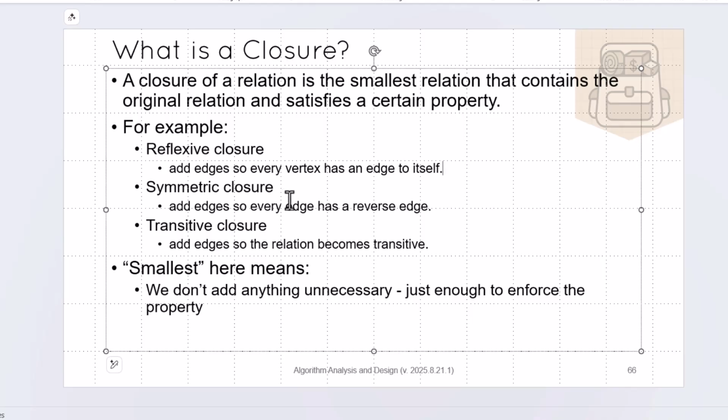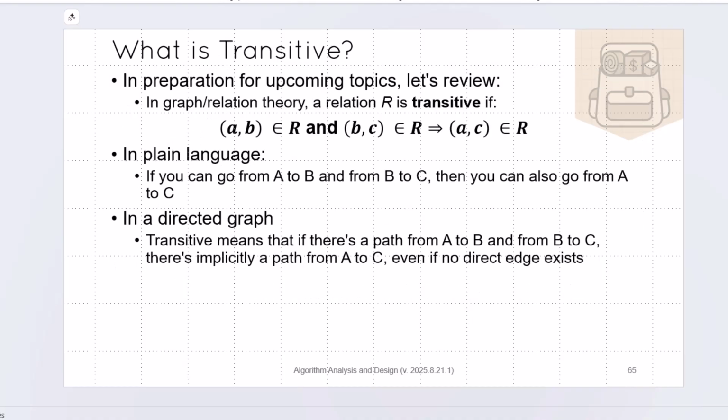And symmetric closure means we add edges so every edge has a reverse edge, okay? So if we're going from A to B, we also go from B to A. And a transitive closure means we add edges so the relation becomes transitive, right? So that was kind of our previous thing. So A to B, B to C, then we add an edge from A to C.